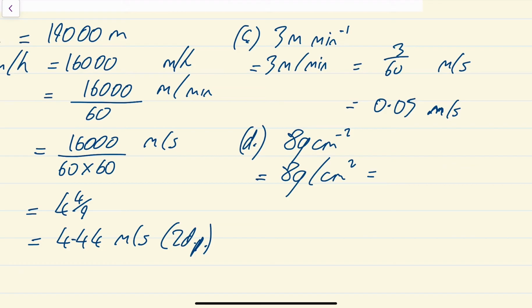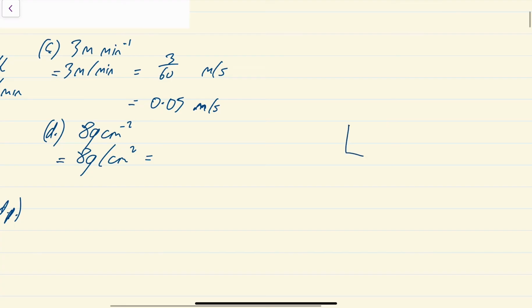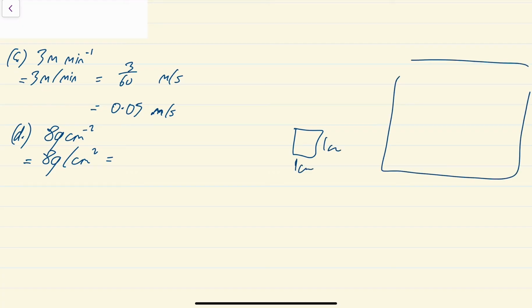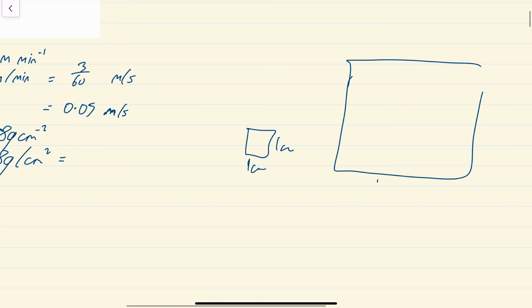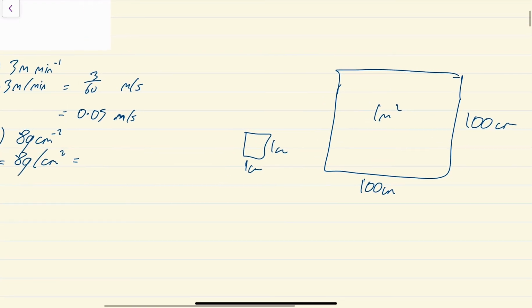The first thing I'm going to do, if you imagine 1 centimeter squared, so that's 1 centimeter by 1 centimeter. If you imagine you blew that up to be 1 meter squared, you're going to have to multiply by 100 there. There's 100 more in that direction and 100 more centimeters in that direction.